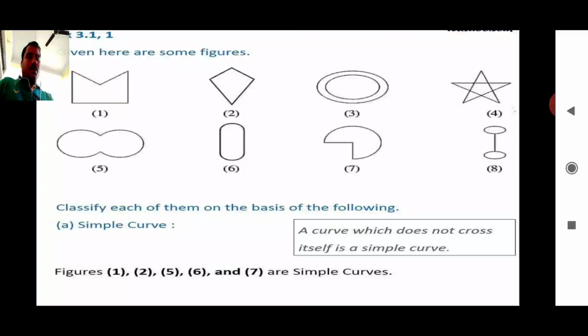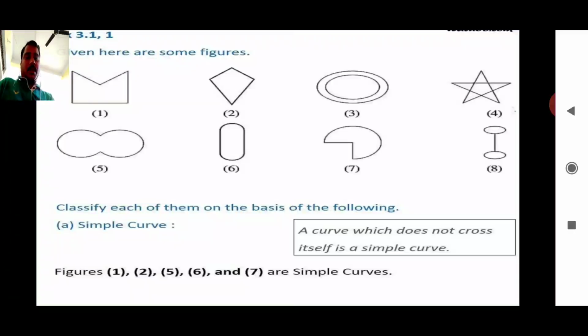So, students, you know that a curve which does not cross itself is a simple curve. You can see here in the bracket it is clearly mentioned that a curve which does not cross itself is a simple curve.